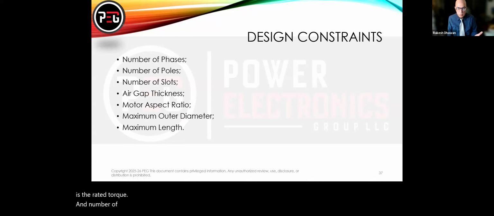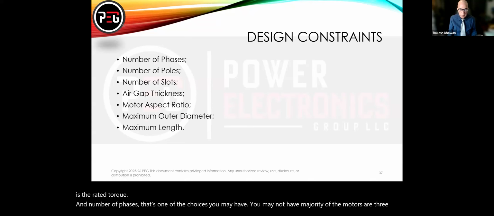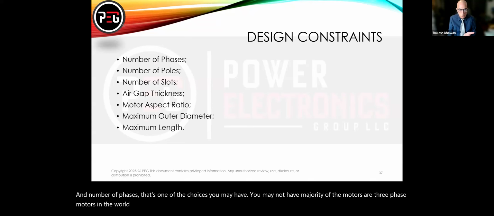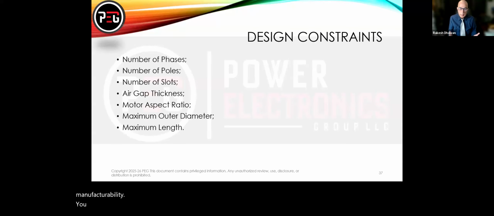That's one of the choices you may or may not have. The majority of the motors in the world are three-phase motors. Then the number of poles and number of slots. Number of poles and slots become critical when it comes to manufacturability. Although you may have a perfect design, if you can't manufacture it, it's of no use.